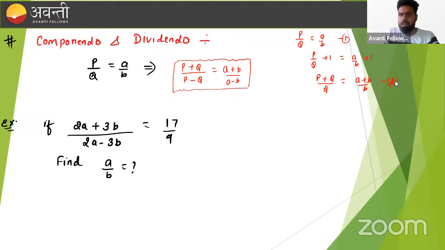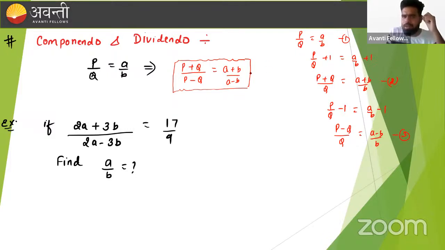In a similar manner, if we subtract 1 from both sides of equation 1, then what can we write down here? P upon Q minus 1 equals A upon B minus 1. And if we take LCM again, we get P minus Q divided by Q equals A minus B divided by B. Say this is equation number 3.